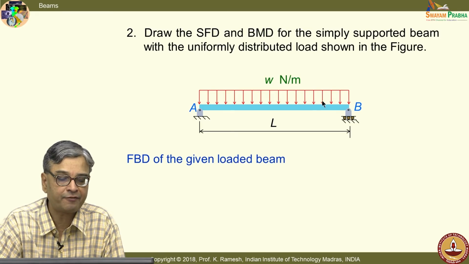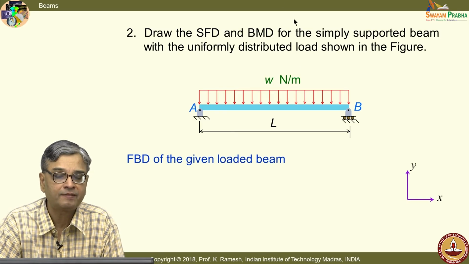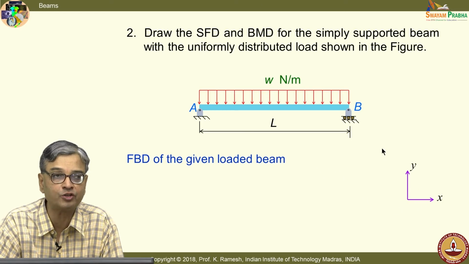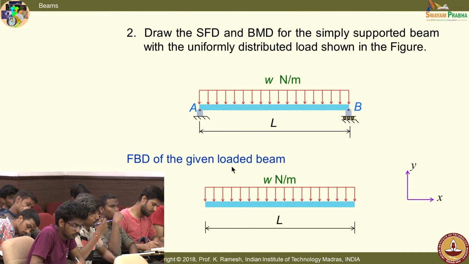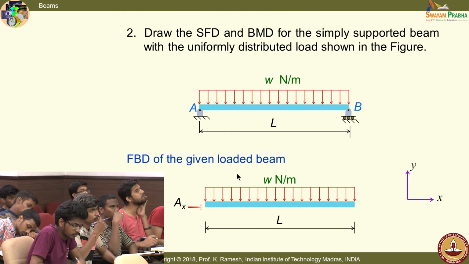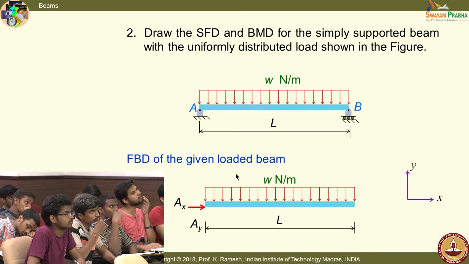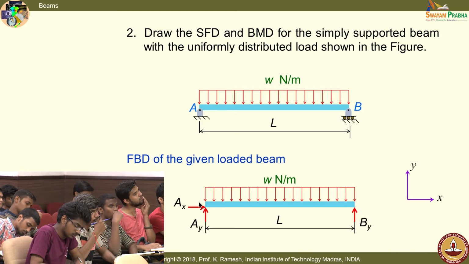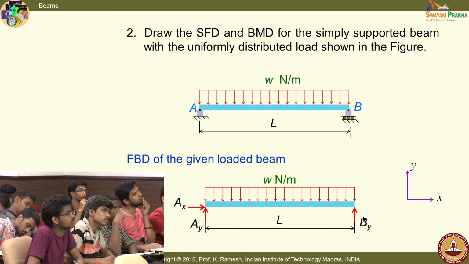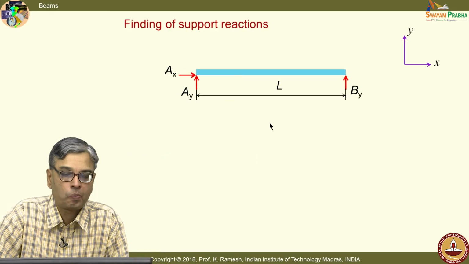So, the FBD of the given loaded beam, say I follow a discipline, I put the reference axis, I expect you to put the reference axis in your free bodies, and when I put the body, I completely remove it from the supports, and you have here the hinged joint that is replaced by two forces AX and AY. On the other side, you have a roller support which is replaced by a single vertical force BY. Let us find out the support reactions.